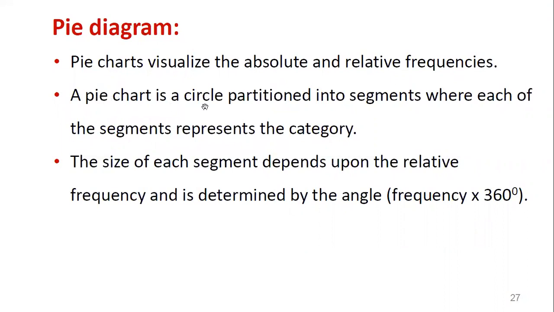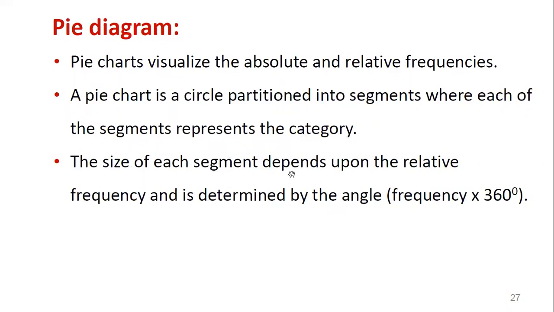A pie chart is a circle partitioned into segments where each segment represents a category. Whereas a bar plot uses bars, a pie chart splits the circle according to the data for each category.